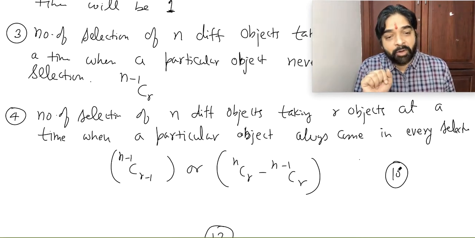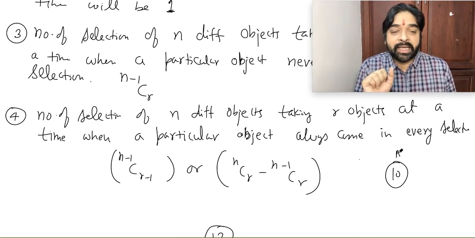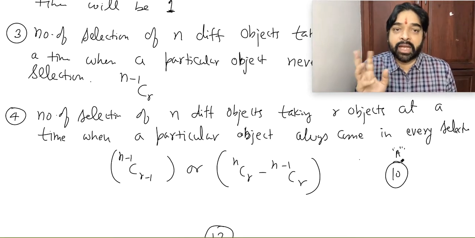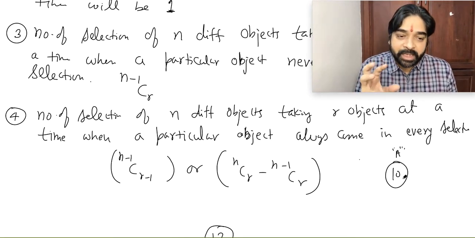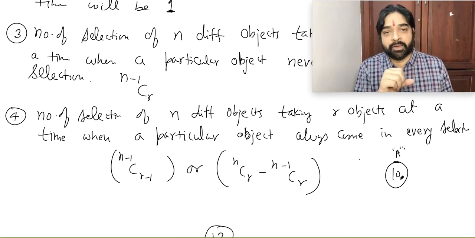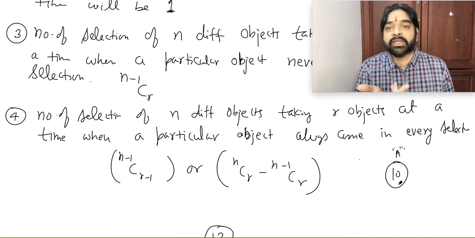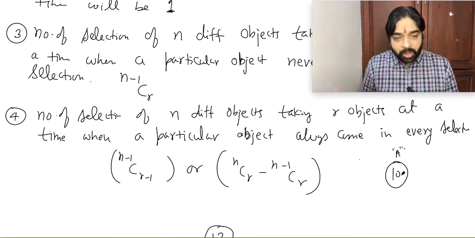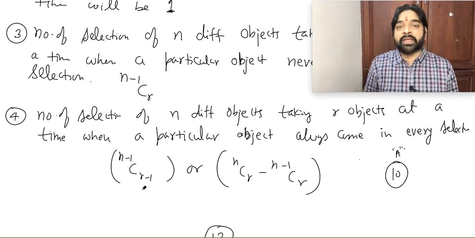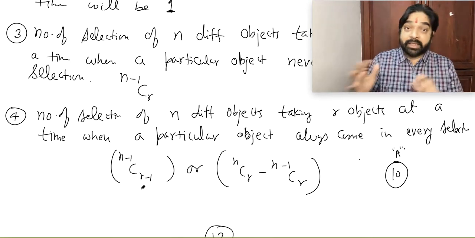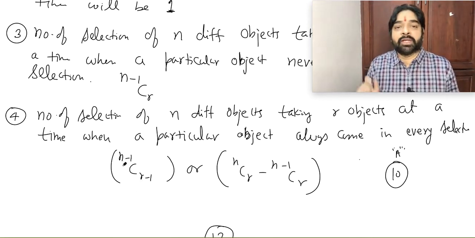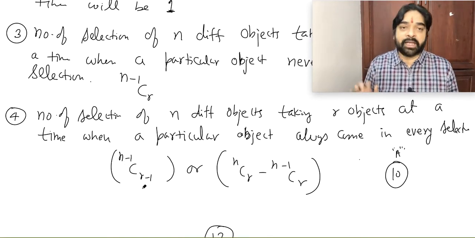But if I say out of 10, one Mr. A is already selected, then basically you are doing selection of 3 persons only, where one is already there. So selection means where you have to take the experiment. If a particular object always comes, it's already there in the selection group, so we have to select only r minus 1 objects out of n minus 1 objects.